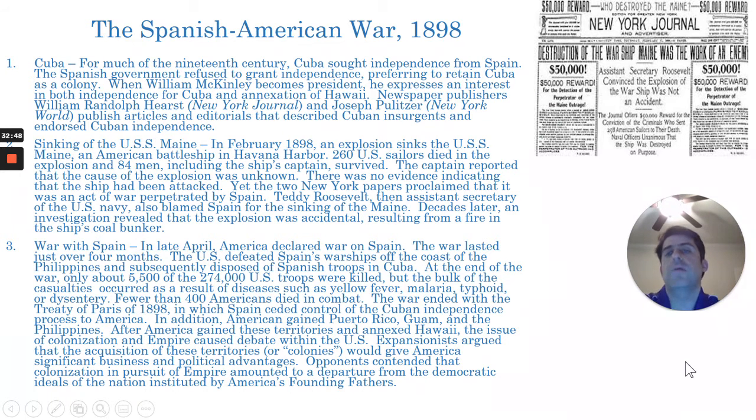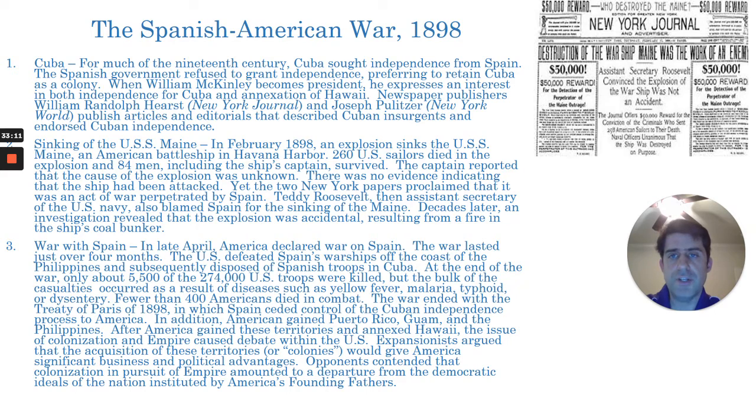Around the same time that the United States annexed Hawaii in the summer of 1898, I should say, the issue of imperialism in Latin America had come to the forefront, and it resulted in a war, the Spanish-American War of 1898.